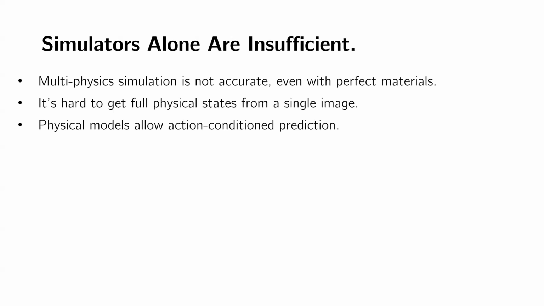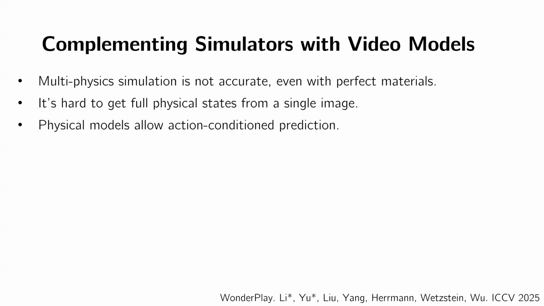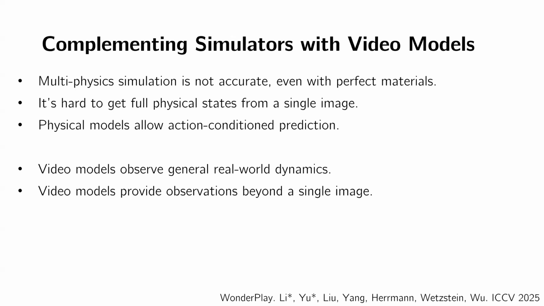But the strength of a simulator is it directly takes action condition input, right? I can apply any type of actions, I can simulate what's going to happen. And video models, in some sense, are good in different ways, because video models are supposed to be very general. You can take any objects, any images, any type of materials. They should be able to do a lot of completion because they have very good common sense and visual priors, even from a single image with missing regions or occlusions, you can complete everything.